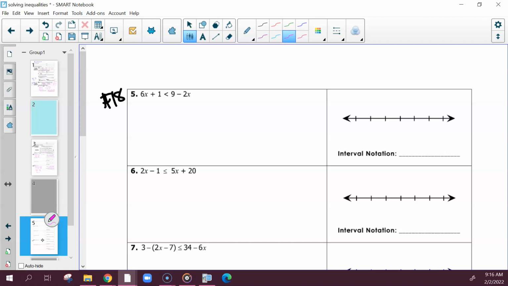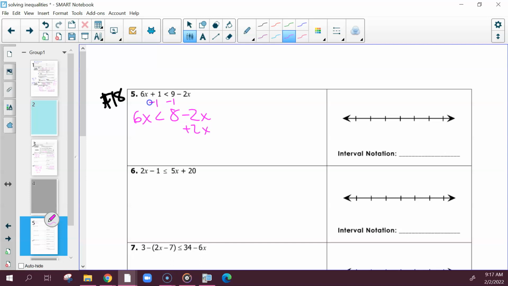For this one, we have choices. What do you want to move first? The 1. So we would subtract 1 on both sides. Your 6x is less than, sorry, 8 minus 2x. So we would then need to move our 2x over to the left by adding.